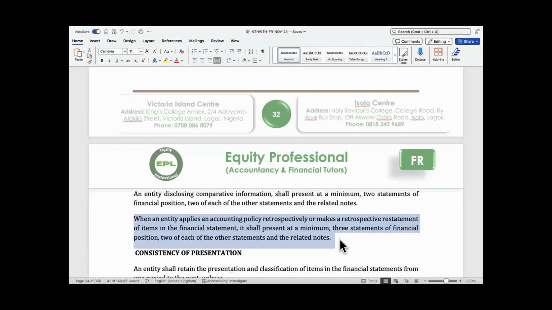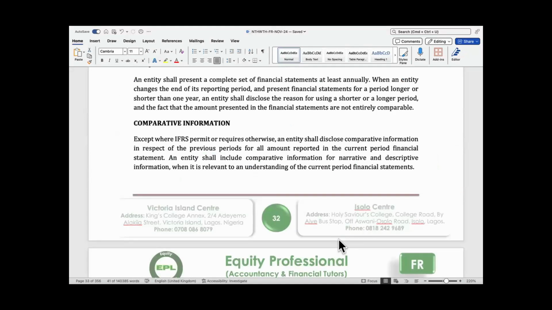But we will learn this specially. So that's comparative information. The most important thing here is that you need to present at least 2 years financials, both figures and explanations. Don't forget, for every figure, there is a note. So even in your notes, present the comparative information. Present notes for the previous period, not just for the current year.